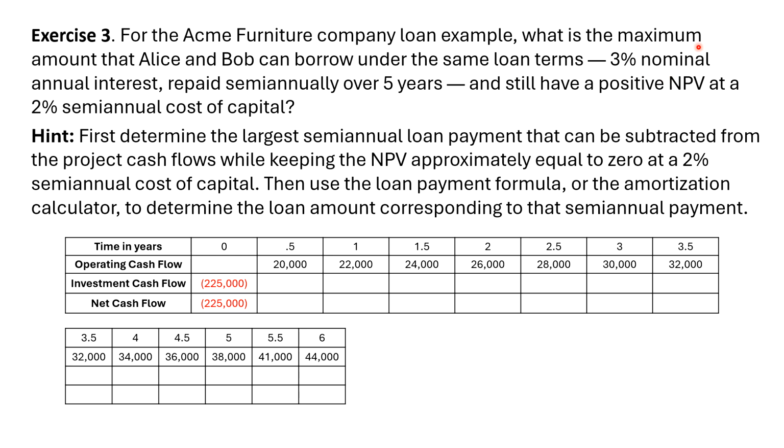This is as the original problem: 3% nominal annual interest rate, repaid semi-annually over 5 years. So the loan stops here, and you have these 2 more semi-annual periods, and still have a positive NPV at 2% semi-annual cost of capital.